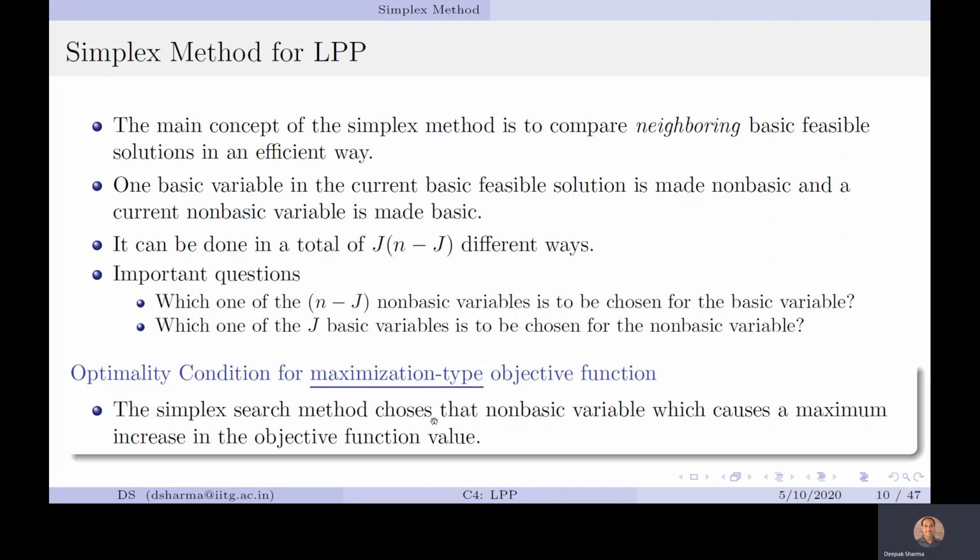The simplex search method chooses that non-basic variable which causes a maximum increase in the objective function. Since we have so many non-basic variables, we will choose the one which will increase our objective function maximally. So this is the optimality condition for choosing the non-basic variable.